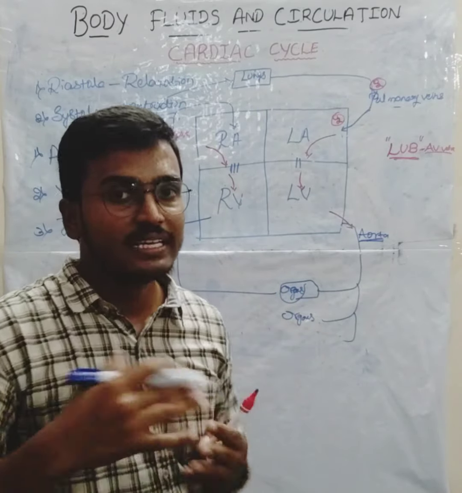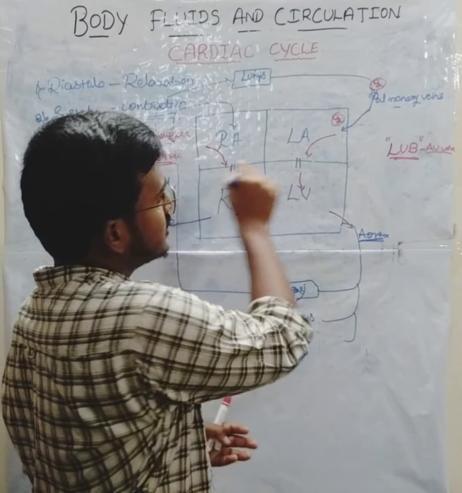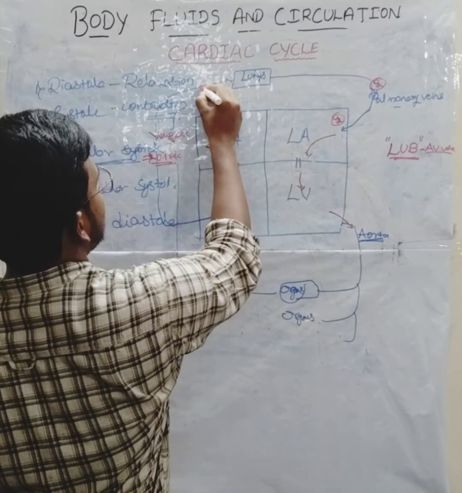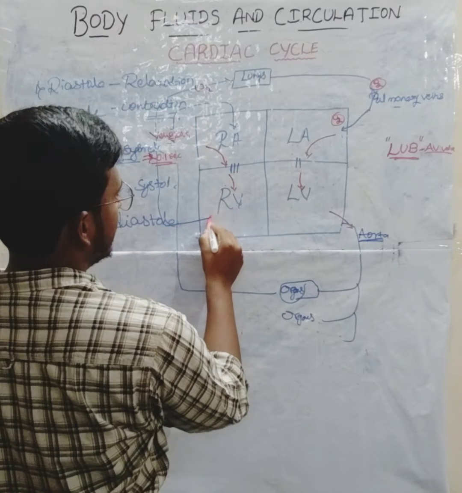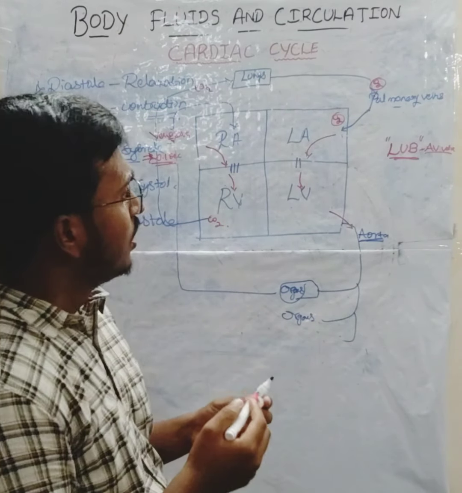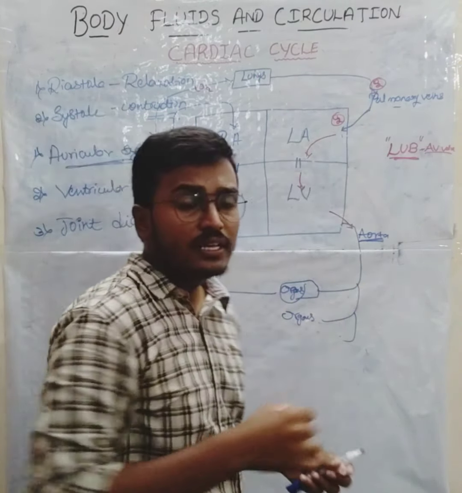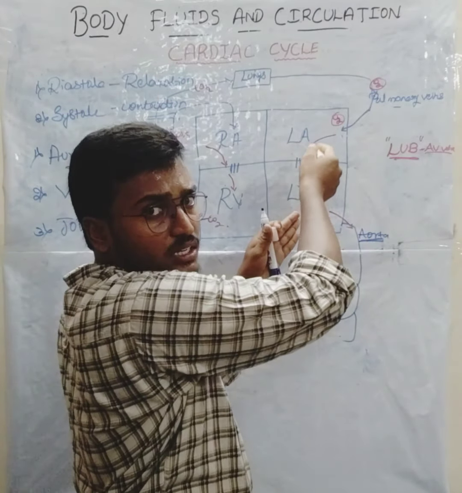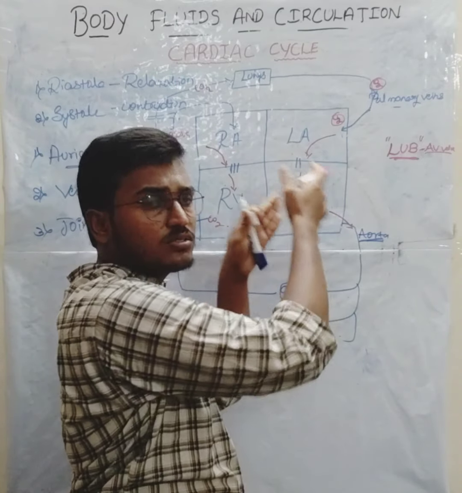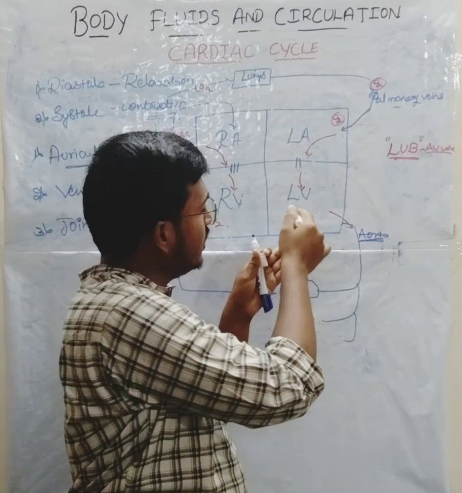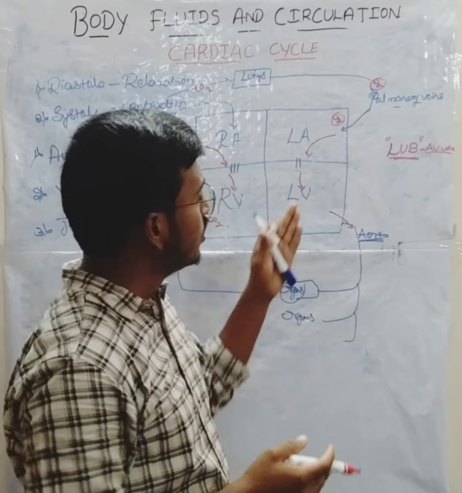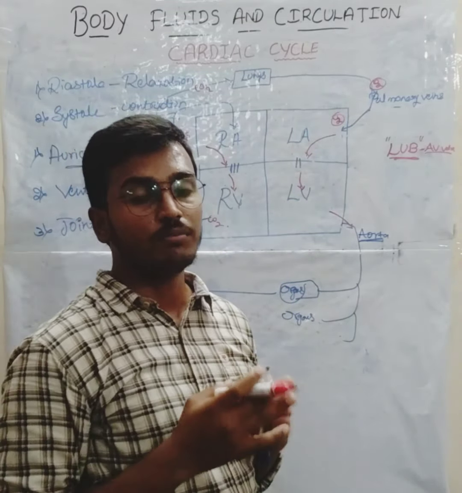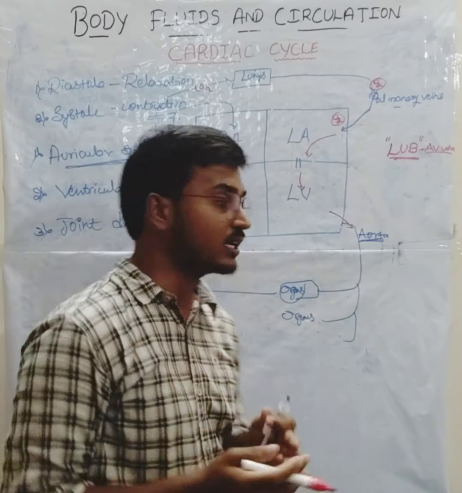I'll explain easily. In the auricular systole, this is the oxygenated blood, and this is the deoxygenated blood. Through the pulmonary veins blood enters the auricles, and the atrioventricular valves are open, and blood enters the left ventricle. Now the ventricles are in systole, that means contraction takes place in the ventricles.